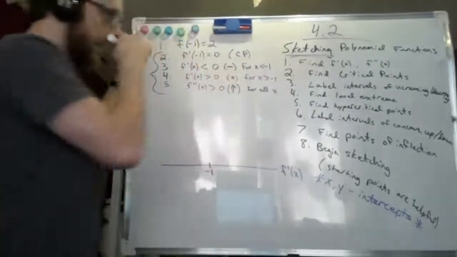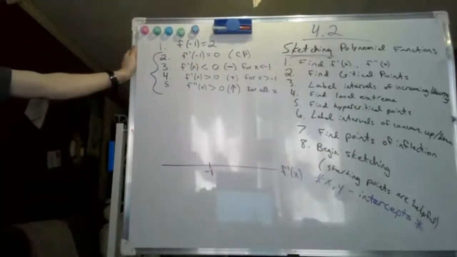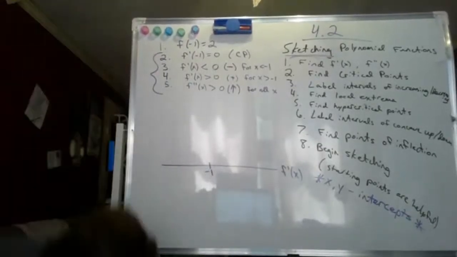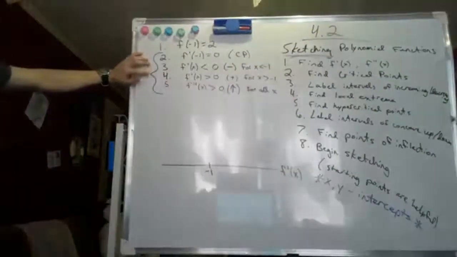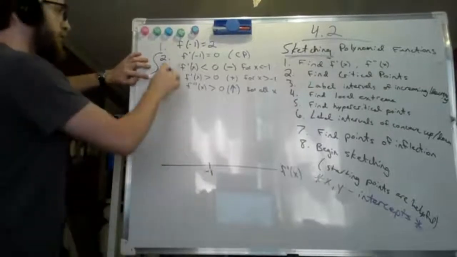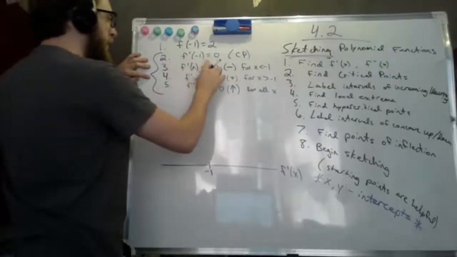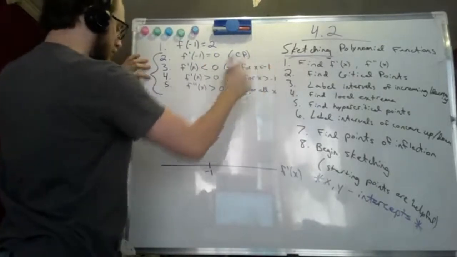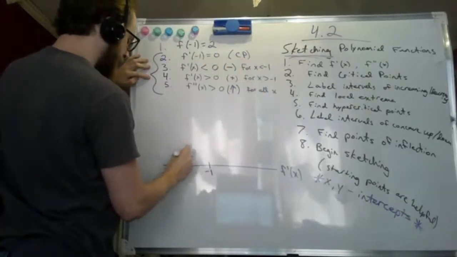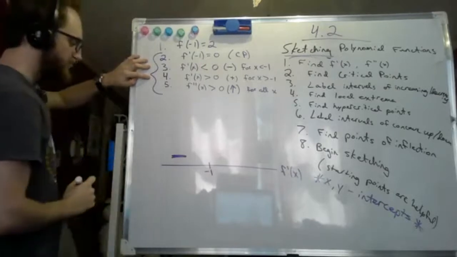Okay, check. We've done that. Step 3, label intervals of increasing or decreasing. Now, luckily, as you can see in number 3 and 4 over here, they give us that. So the derivative is less than 0, so it's decreasing for x to the left of -1. So we are decreasing over here.